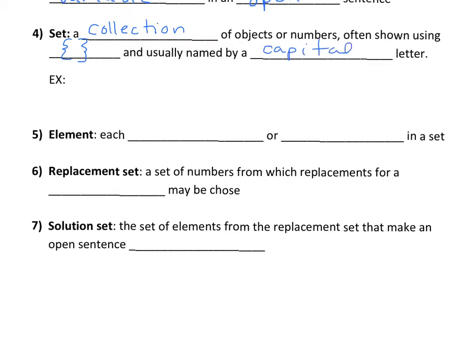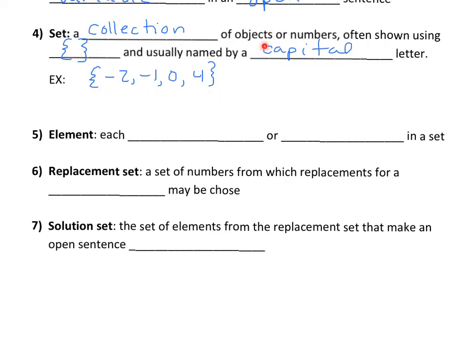I'm not as concerned about the capital letter part as long as you understand that a set will have a set bracket, and then you'll have a set of, let's say, numbers. And it doesn't have to be in any particular order, okay? And notice how we're going to be putting the set brackets around any set of numbers that we might have. So right here, this would be a set of numbers.